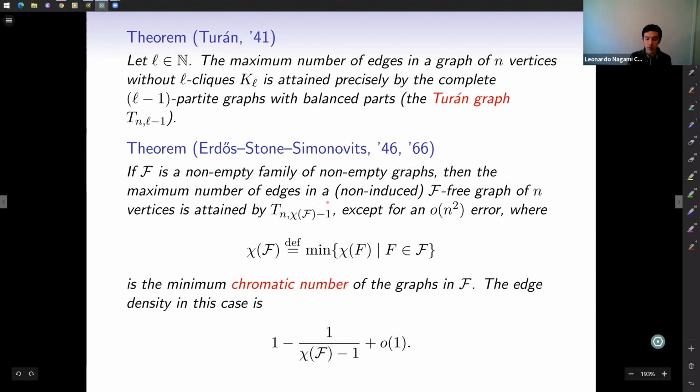You look at your family, compute the chromatic number of all the graphs, take the minimum, subtract one, take that many parts, and take the Turán graph there. There's a small difference from Turán's theorem: Turán's theorem is really optimal, while here it's optimal except for a small error. Another way of seeing this is that if you normalize by n choose 2, the usual normalization for edges, then the best density you can get looks like 1 minus 1 over (chromatic number minus 1), plus something that goes to 0 as the size goes to infinity.